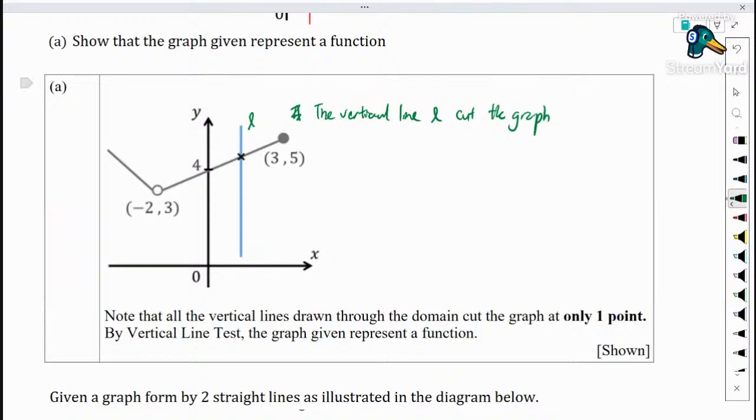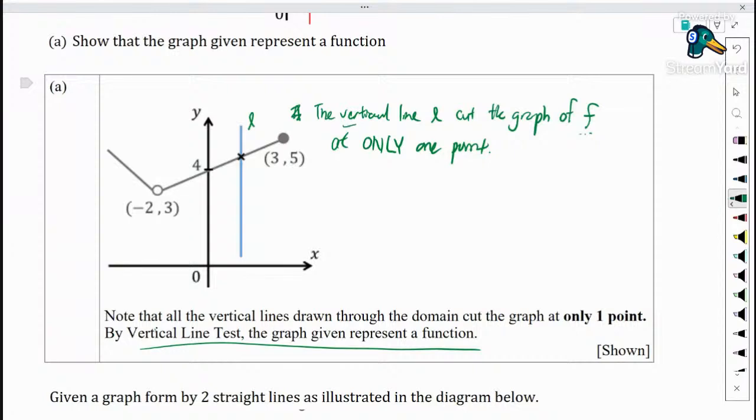So which graph? The graph of function f. The name of the graph is function f, at only one point. And then we go for this one for conclusions.